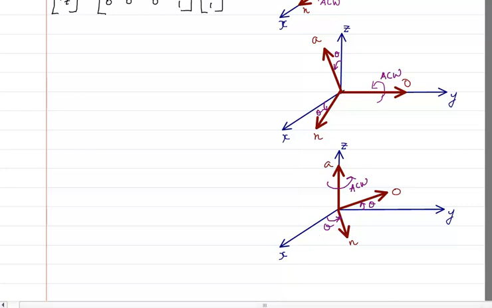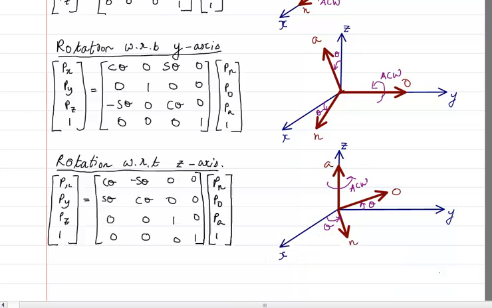The equation can be written for both the cases as these equations. As you can see, with respect to the y-axis, we have c theta, which means cos theta, 0, sin theta, 0, 1, 0, minus sin theta, 0, c theta or cos theta. Same way here. It is basically a rearrangement, and this is something that we will always have to remember.